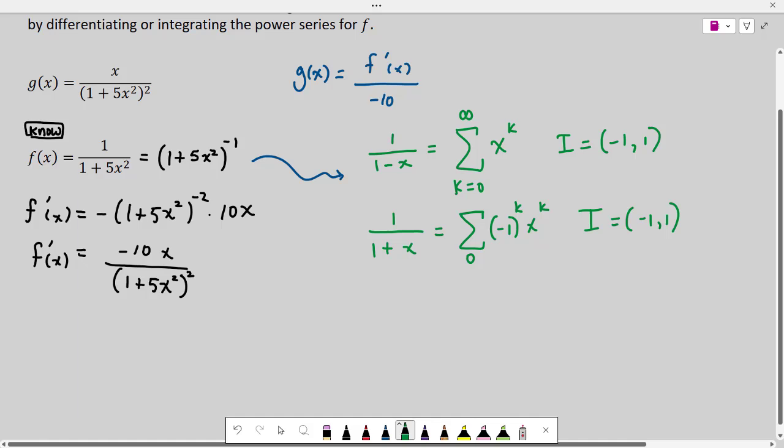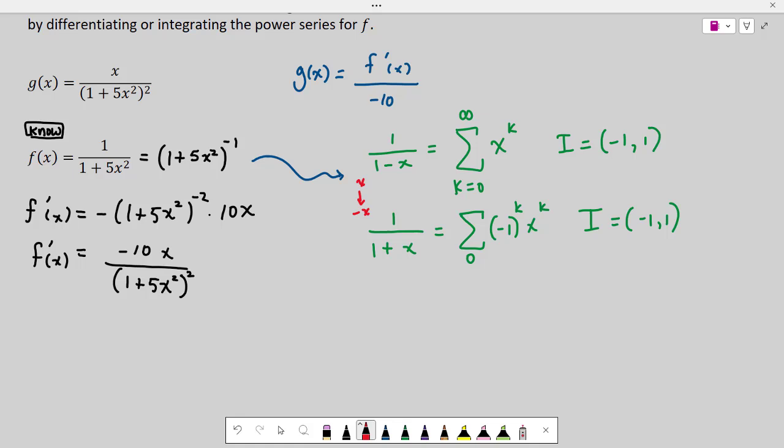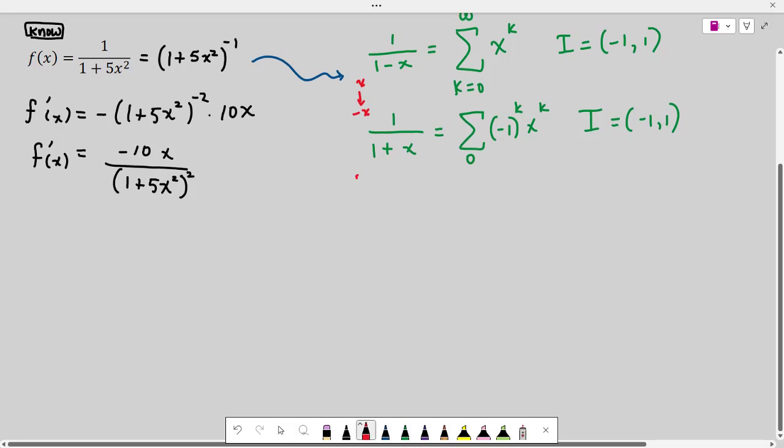So here the x's became negative x. Now what are we going to replace x with? 5x squared. So anytime we see an x, we're going to replace it with 5x squared.